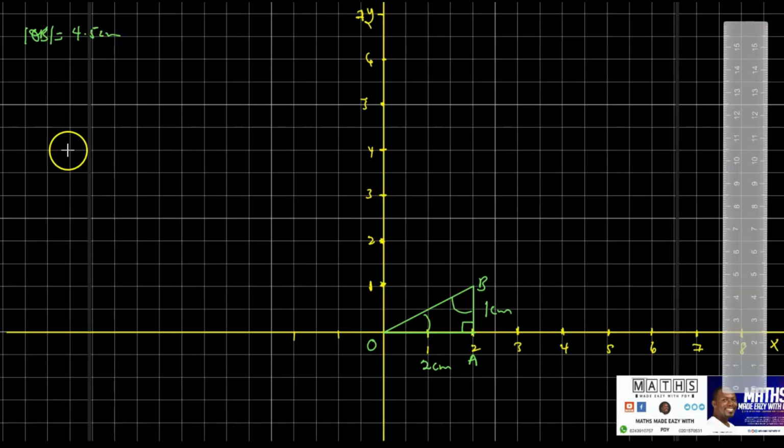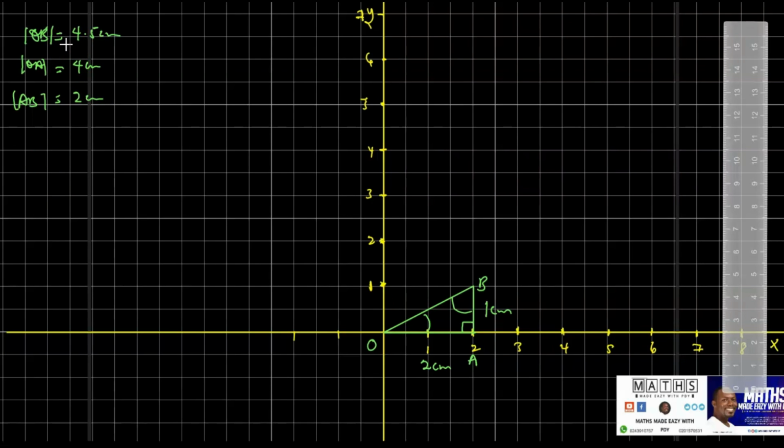Then we have OA, giving us 4 centimeters. I hope it makes sense. And then we have AB, giving us 2 centimeters.